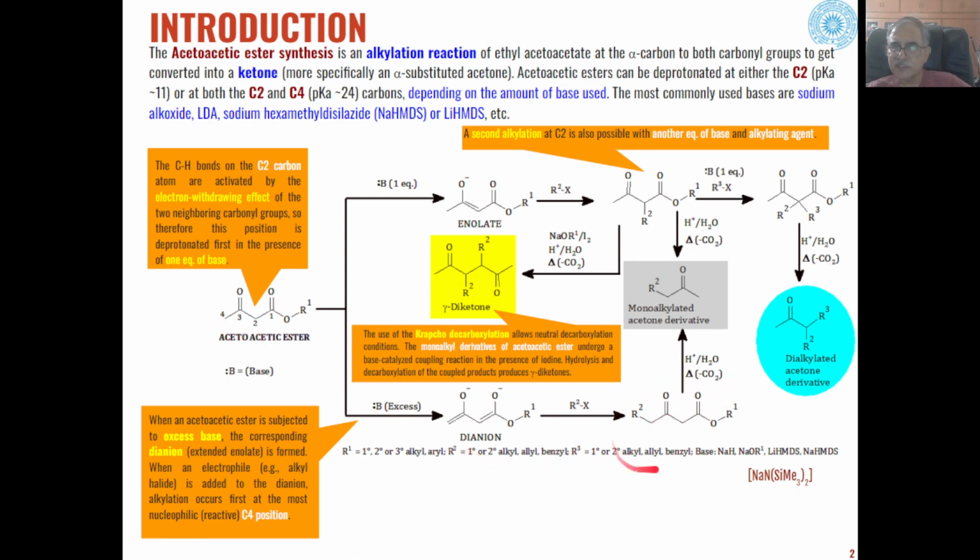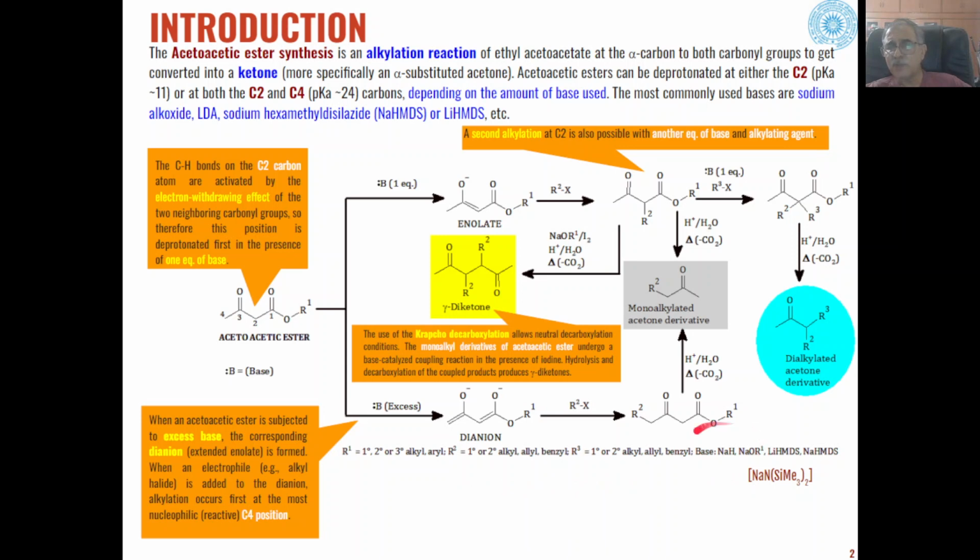These products, on hydrolysis followed by decarboxylation, will again lead to the formation of monoalkylated acetone derivatives. So this is how, depending upon the reaction conditions, we can get different types of products through acetoacetic ester synthesis.